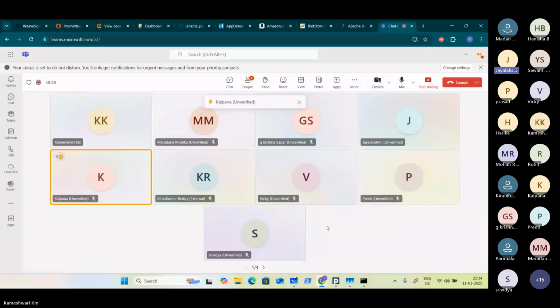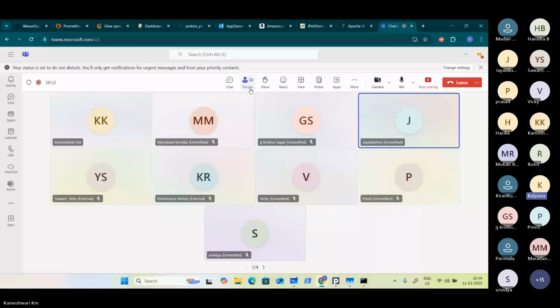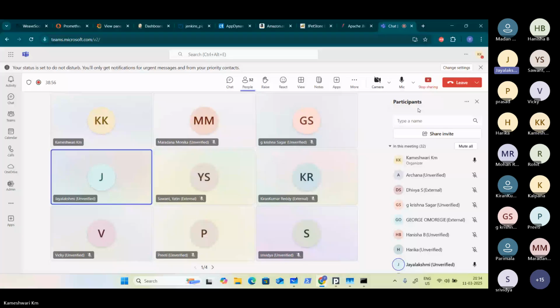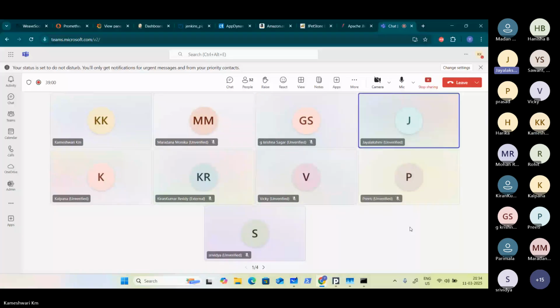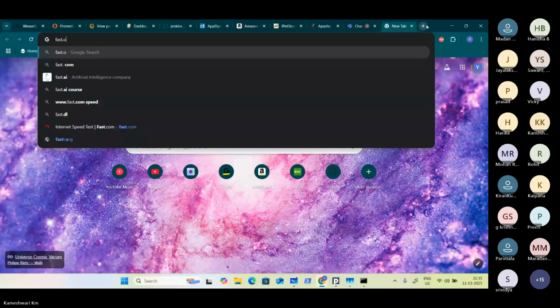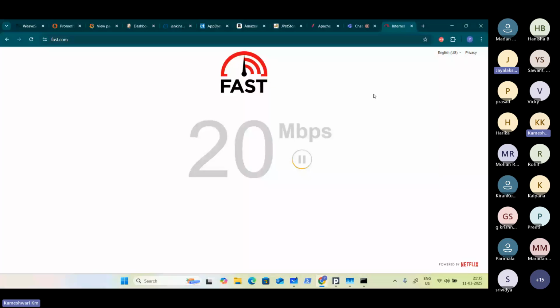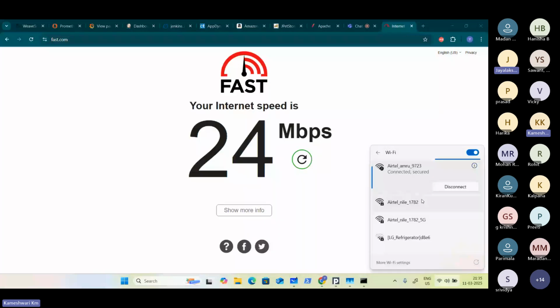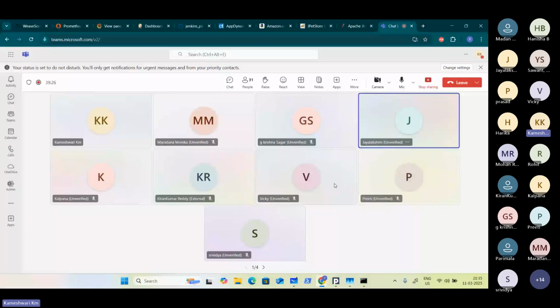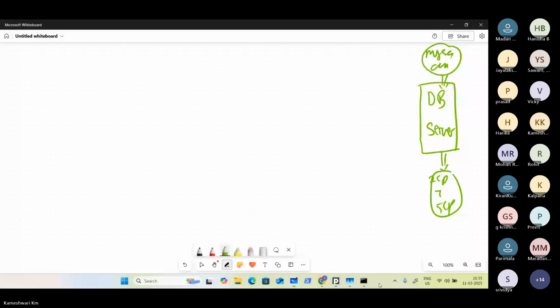I have seen this issue before, not sure why, because my network speed is okay today. Is it for everyone? Anyone else facing the same issue? No, it's absolutely clear for me. For me also. Okay, let's continue then, and let me know if it is too bad.